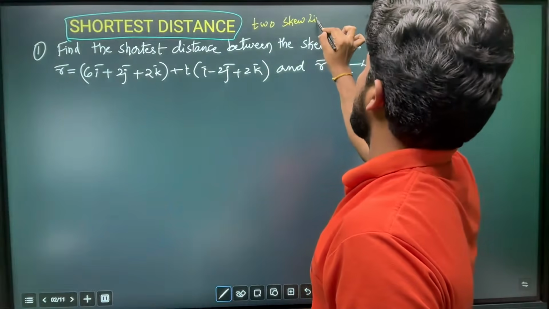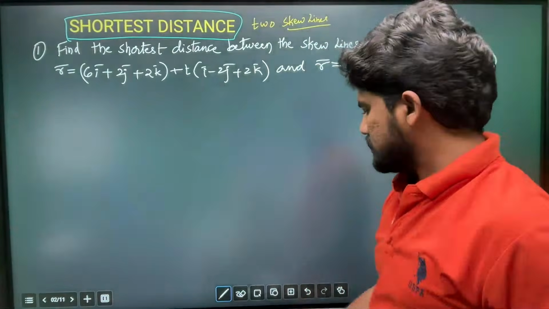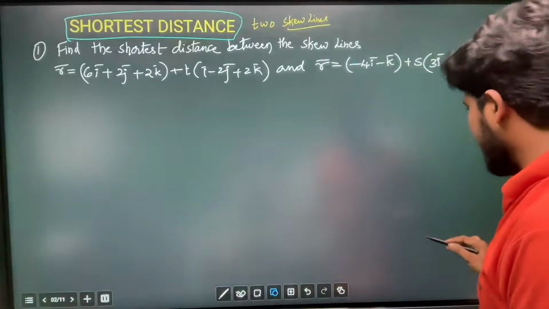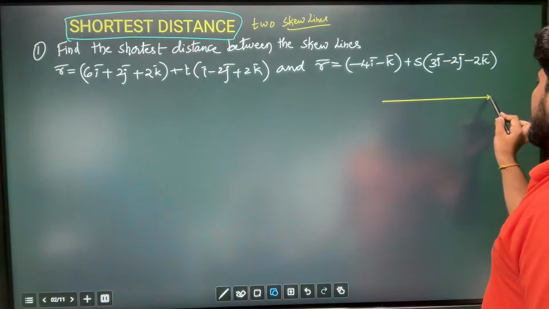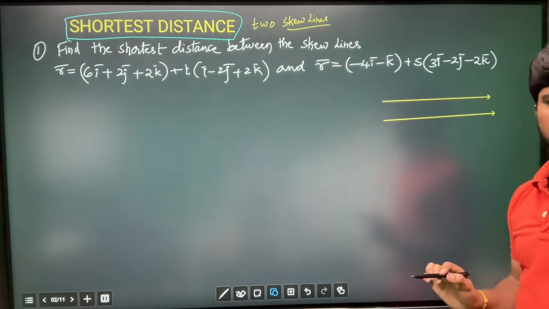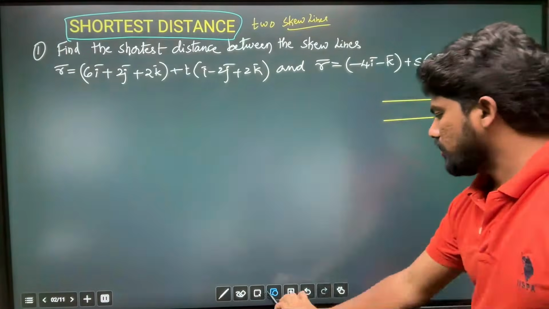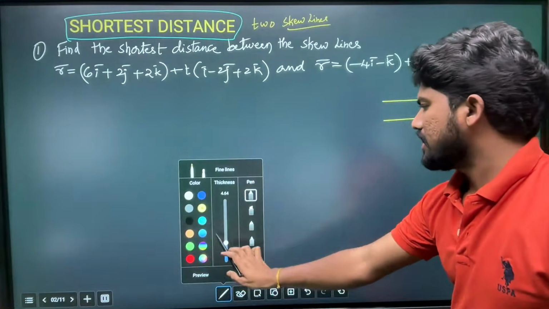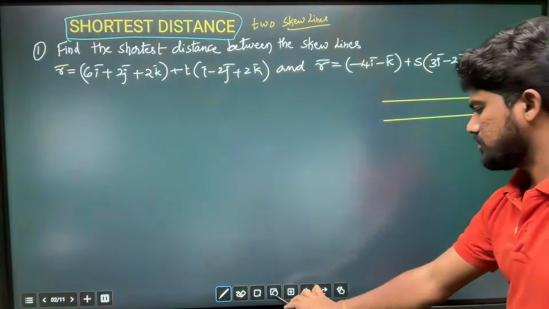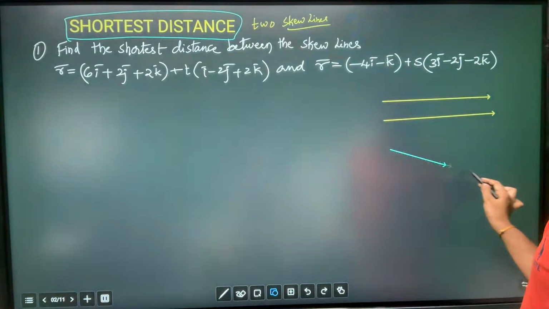So what is the meaning of skew lines? First of all, listen: whenever you take any pair of straight lines, we can take them like this. These are parallel lines. Whenever you take two pairs of straight lines, one more pair I am taking here like this.